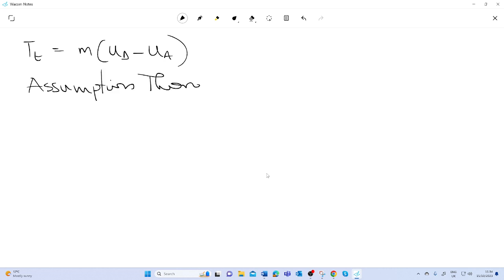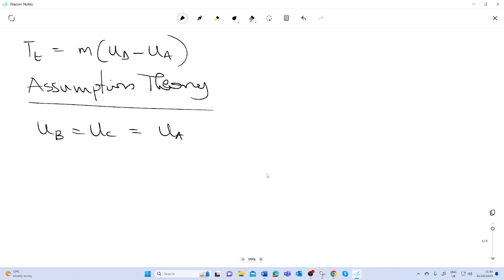UB equals UC, which equals UA plus induced velocity V1, and UD equals UA plus V2, that is the induced velocity at section 2.